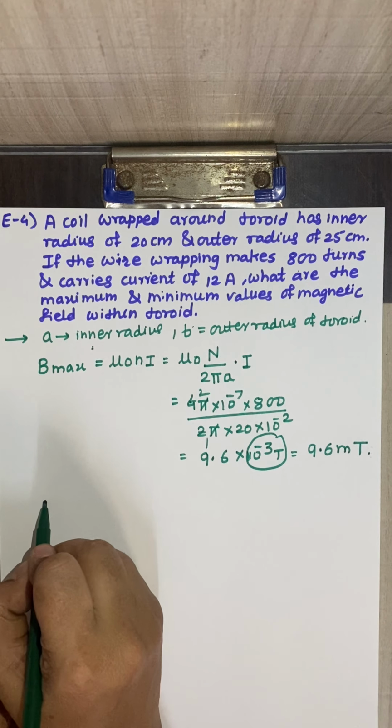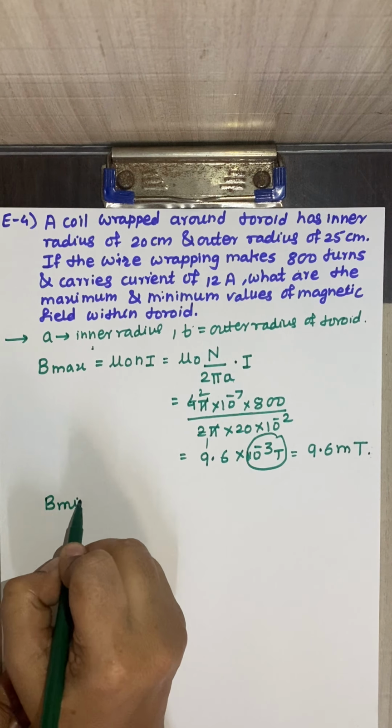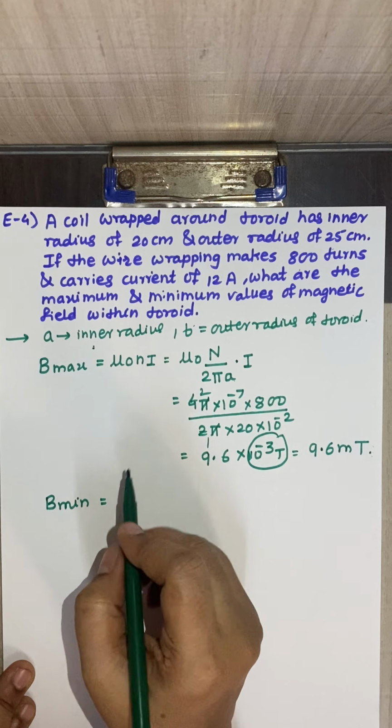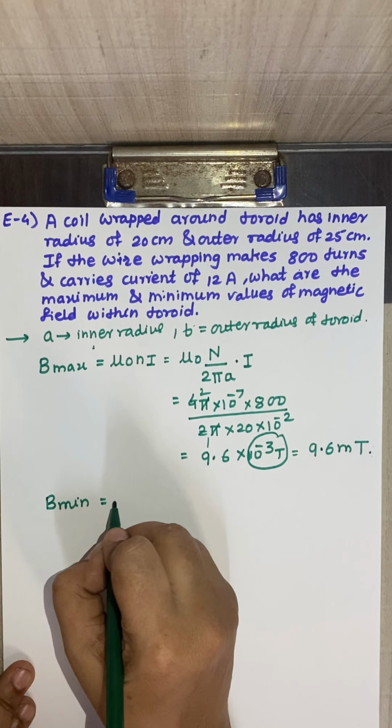Now B minimum I want to find out, and obviously it is for the larger radius loop, that is considered as small b.